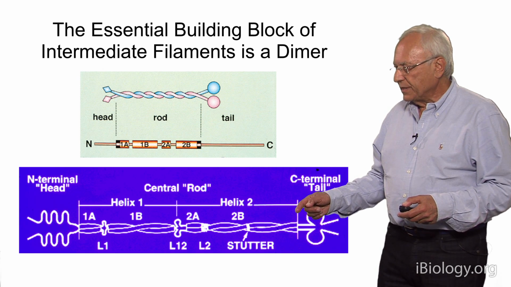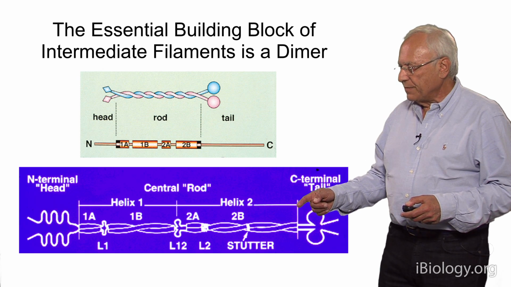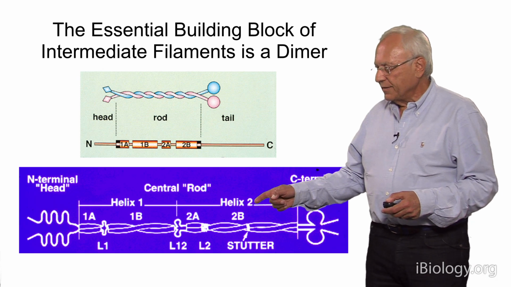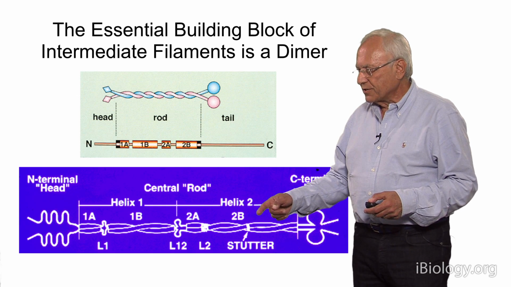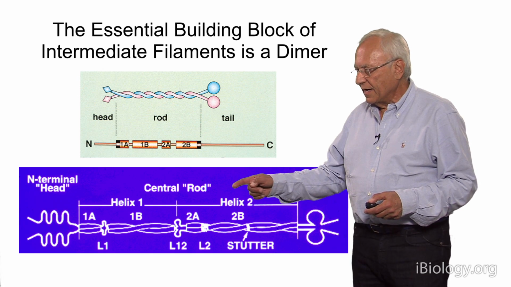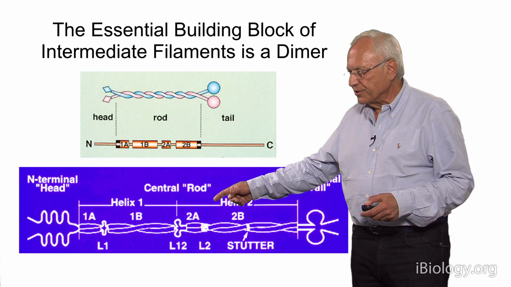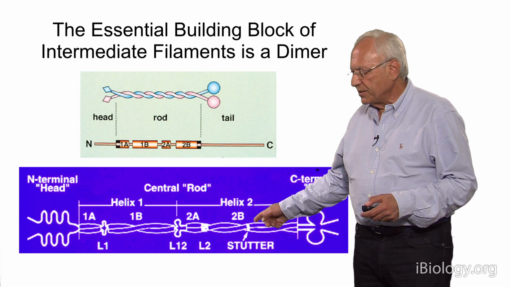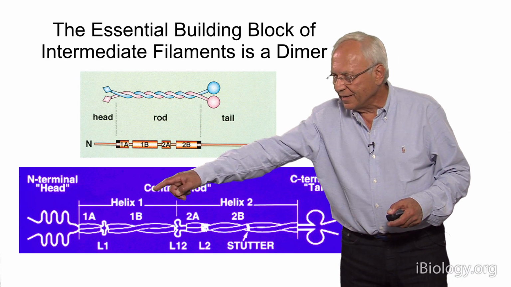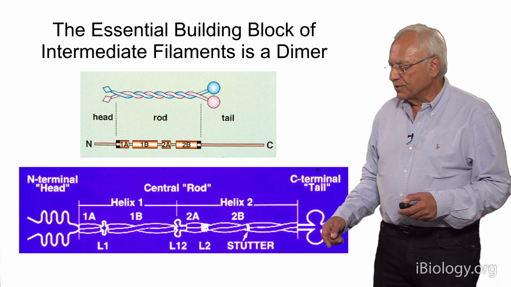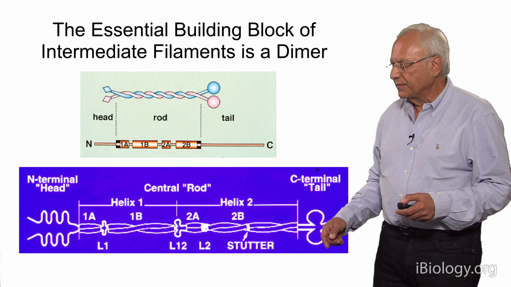And then we can see this in a blow-up of this type of schematic, and you can see that so-called helix 1 and helix 2 are separated by this region in the center called the linker 1-2 region. And then we have the C terminus, which is relatively unstructured, and then the N terminus at the other end, which is also relatively unstructured in the case of cytoskeletal intermediate filaments.